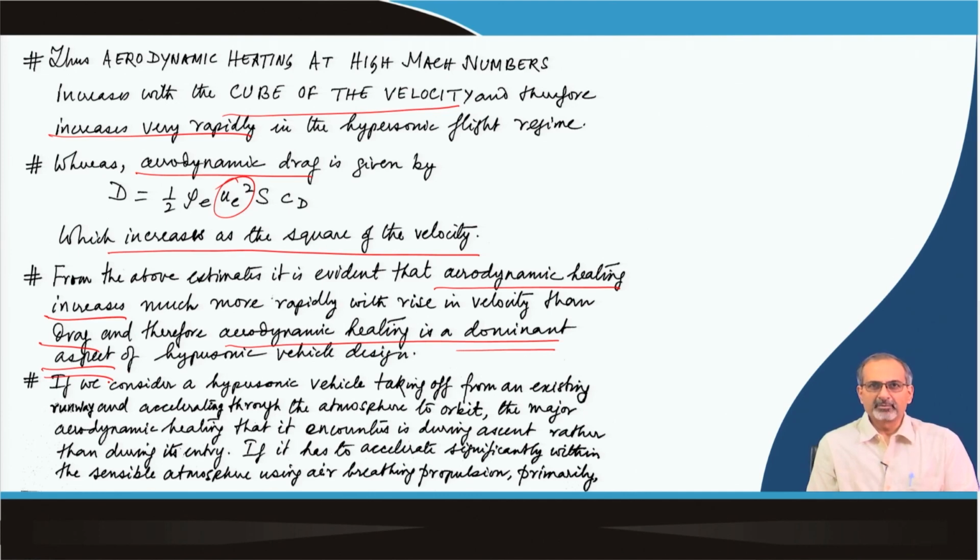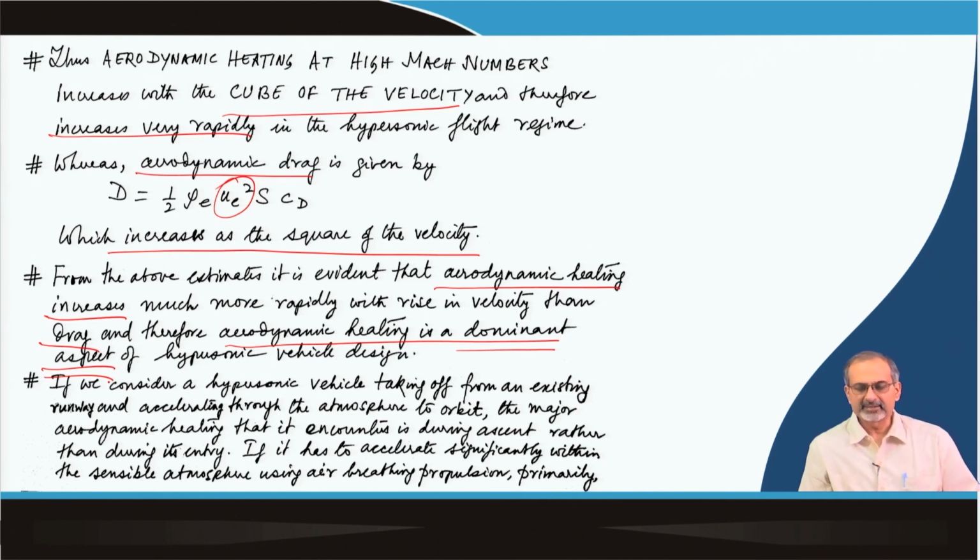If we consider a hypersonic vehicle, let us say, which is taking off from an existing runway, and we expect it to accelerate through the atmosphere and reach orbit, the major aerodynamic heating that it encounters is during its ascent rather than during its entry. It has to accelerate, and quite a good part of that acceleration is in that part of the atmosphere which is at lower altitudes, and there the aerodynamic heating will be really severe.